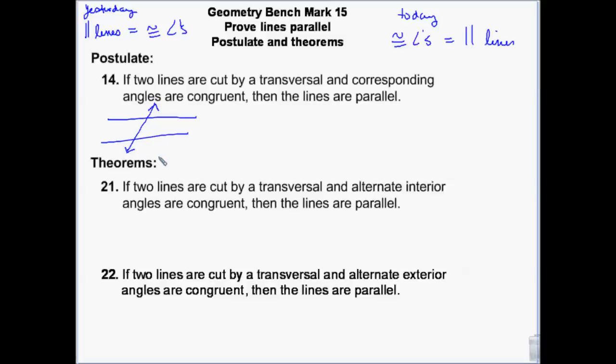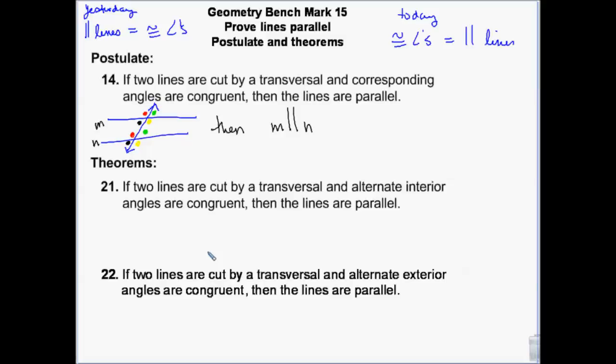And then if we have a situation where this angle is the same as this angle, is the same as this angle, is the same as this one, and this one is the same as this one, then let's call that M and N. M is parallel to N. So before we had, if you had the lines are parallel, then the angles are congruent. Now we have, if the angles are congruent, then the lines are parallel.